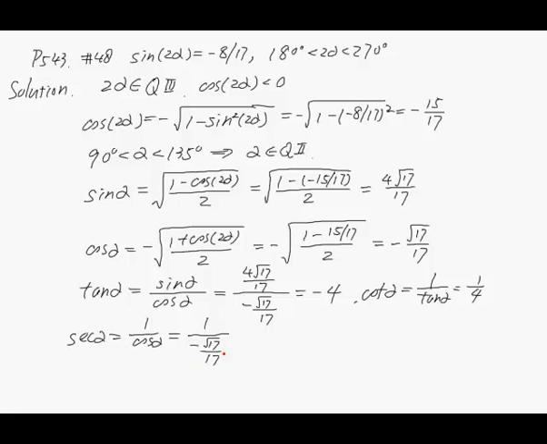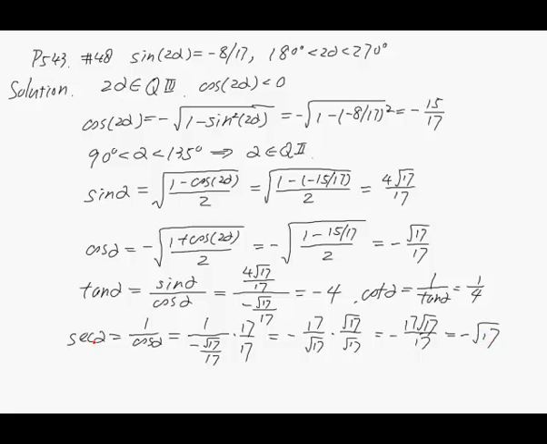Then you can multiply both the numerator and denominator by 17, and the 17 and the 17 cancel. So you have negative 17 over root of 17. Then you can rationalize. And finally, you have negative 17 times root of 17 over 17. So you got negative root of 17.